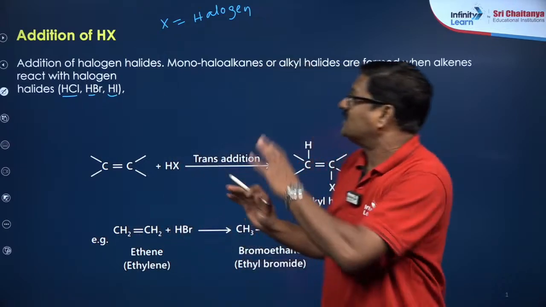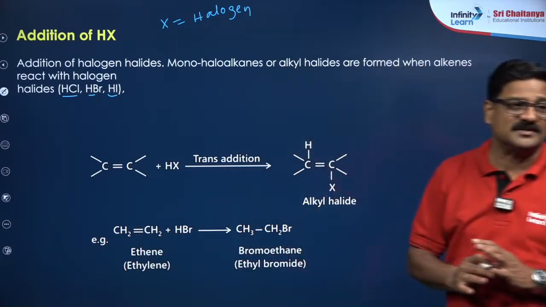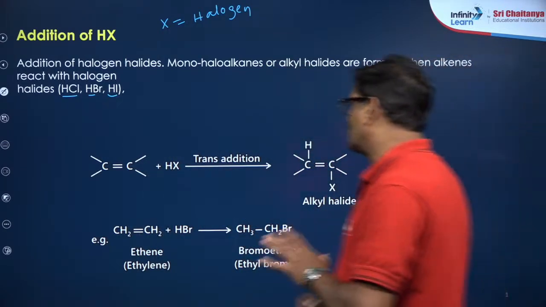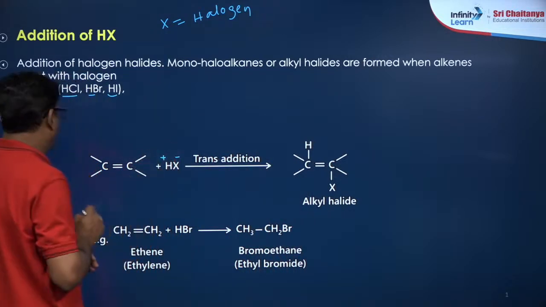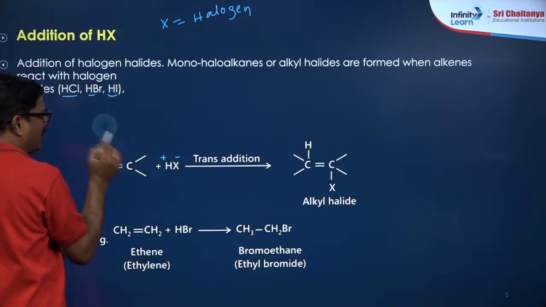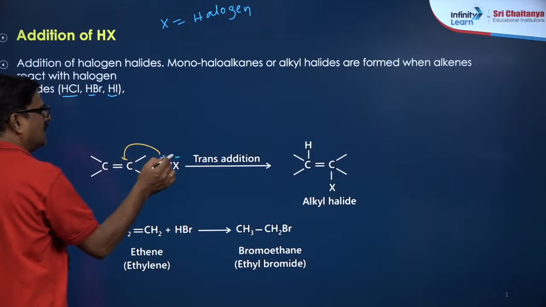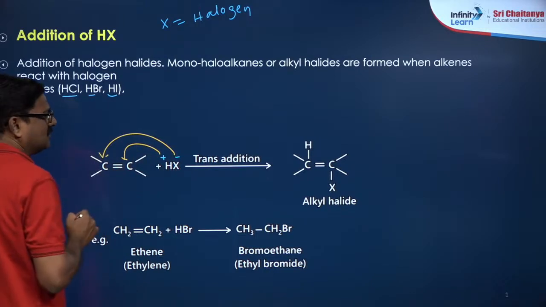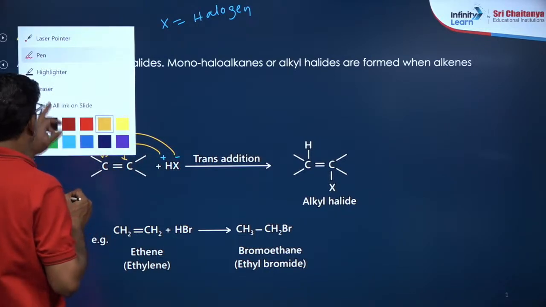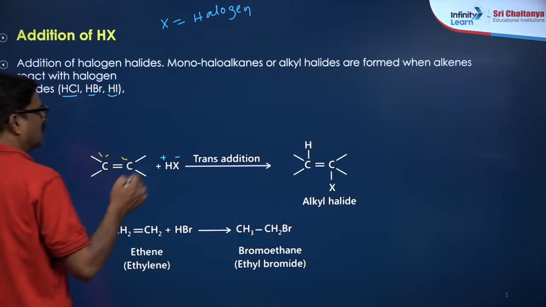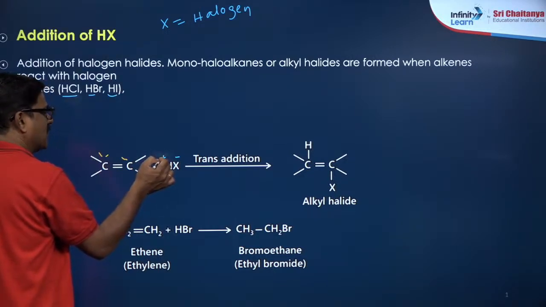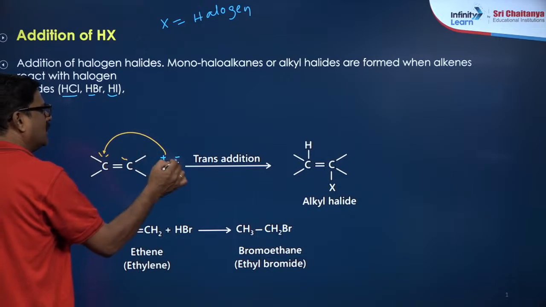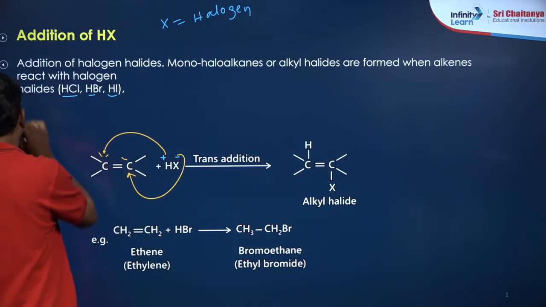HX. So it is an unsymmetrical electrophilic addition reaction. When it goes H plus and X minus, H plus यहाँ काटना है, X minus यहाँ काटना है, okay, जो भी उल्टा भी हो सकता है, right? Now you can see here H plus is attacking here and X minus is attacking here, right?